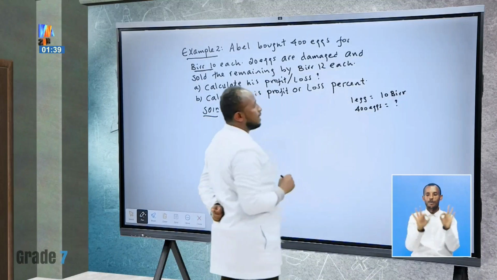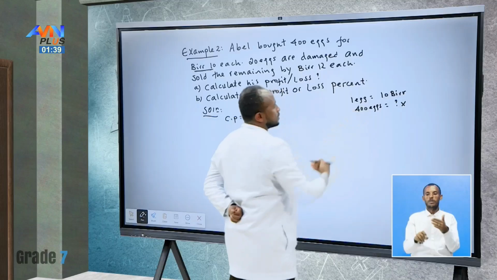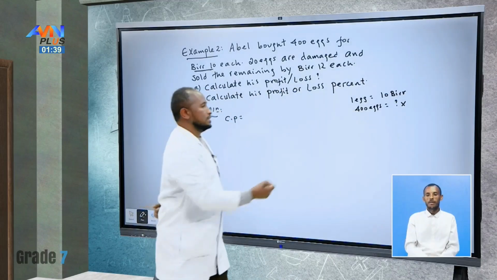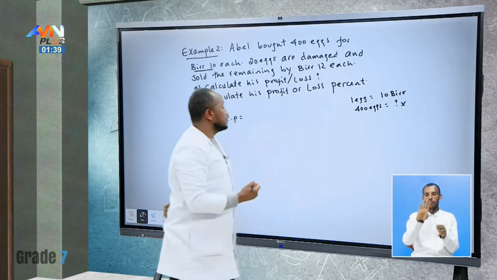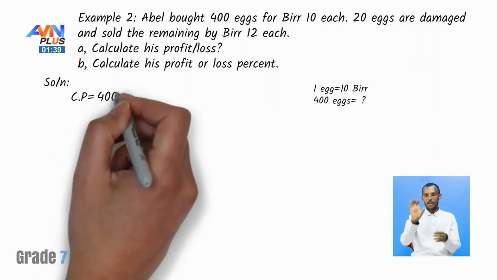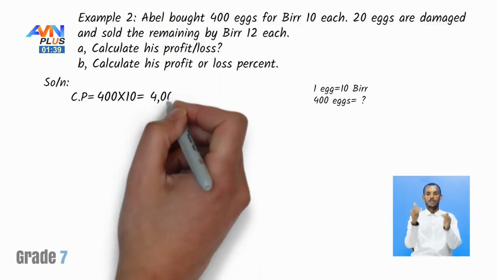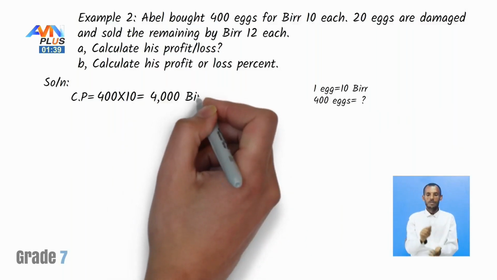This value is a product of the two. The cost of 400 eggs is 400 times 10. It is 4,000 birr.